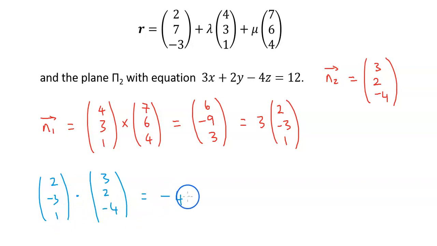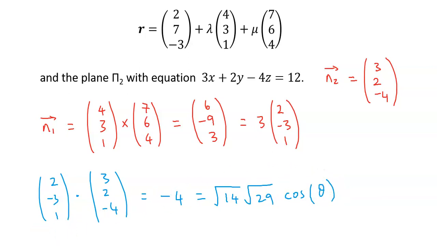So minus 4, and we also know it's equal to the length of the first vector, which is the square root of 2 squared is 4, plus 9 makes 13, and 1 makes 14, times the length of the second vector, so 9 and 13 and 16 makes 29, and then times cosine of theta, where theta is the angle between the two.